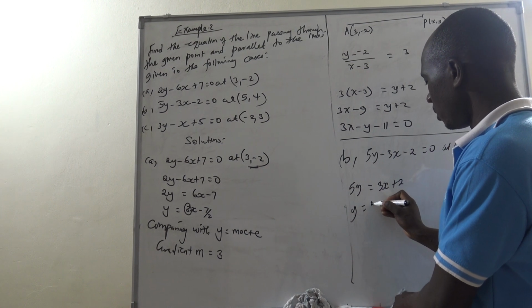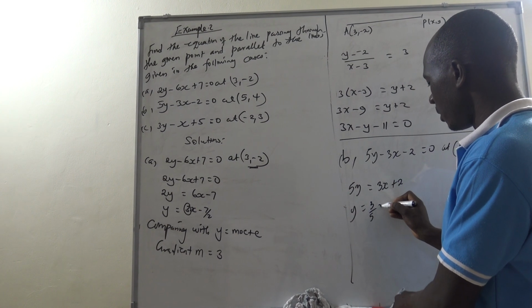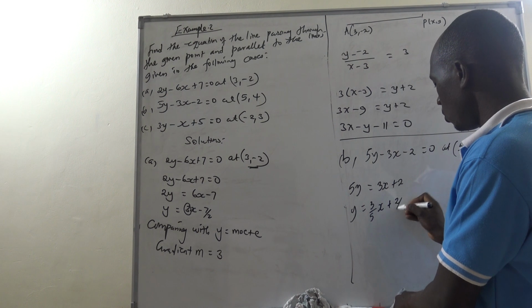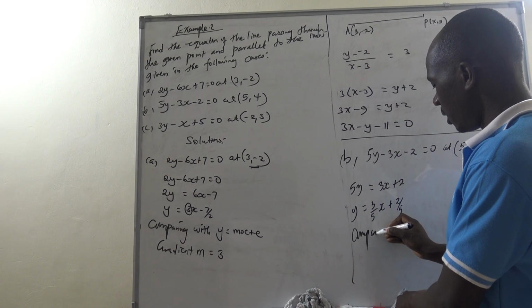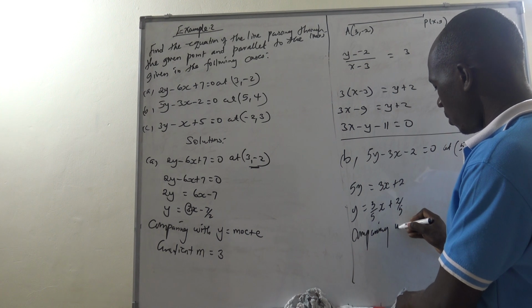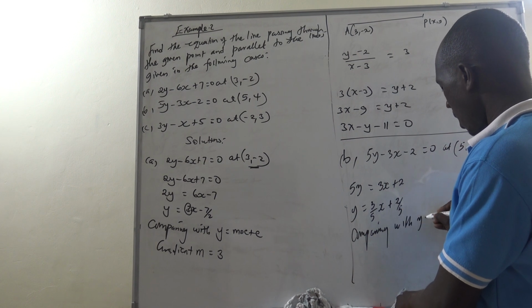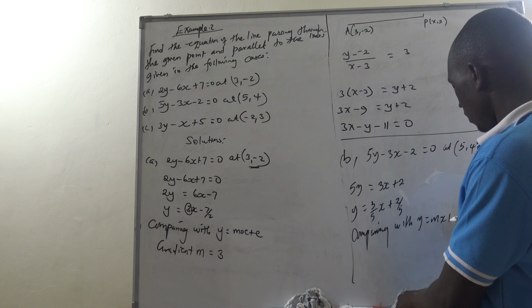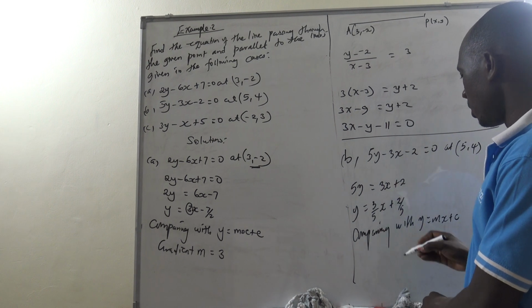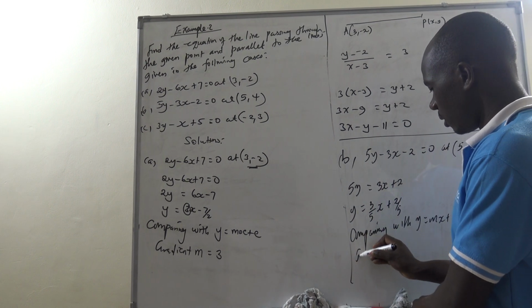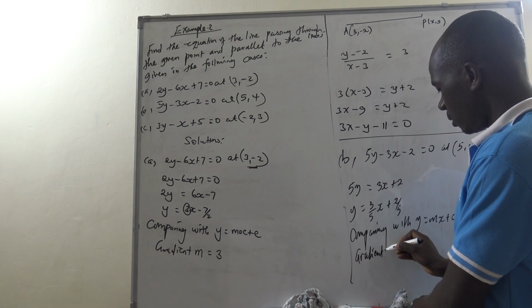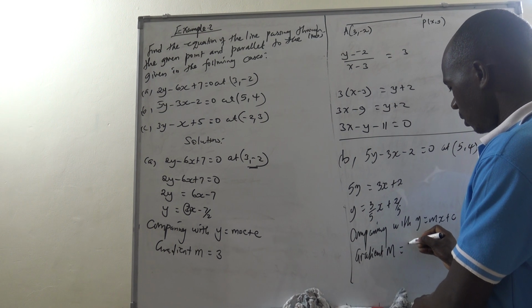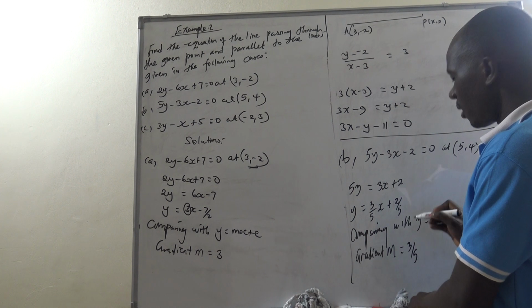So y alone is 3 out of 5 x plus 2 out of 5. Then we say comparing with y equals mx plus c. So what is the gradient? We shall say the gradient m equals 3 out of 5.